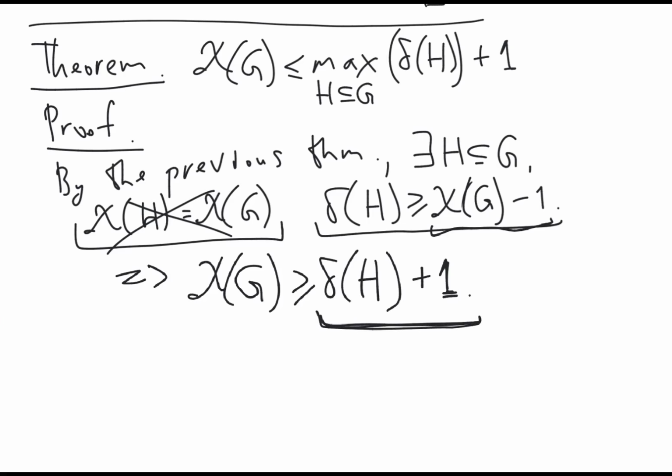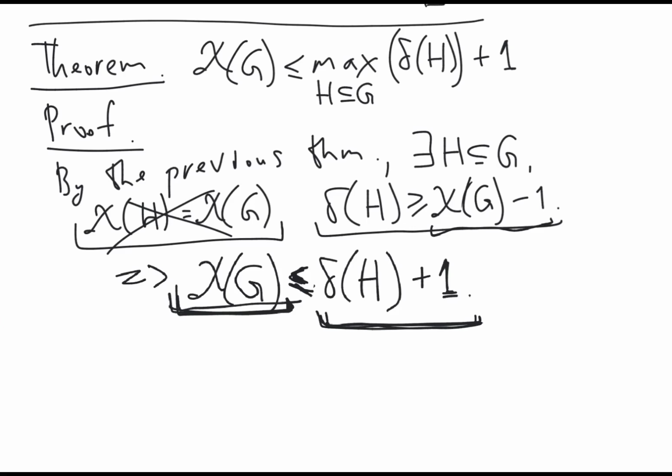So if you take the maximum among all subgraphs H, excuse me, here should be less or equal. So the left hand side of this inequality doesn't depend on H. So there exists a subgraph H with this property that he of G is less or equal than this.